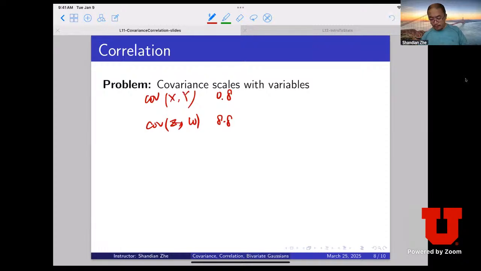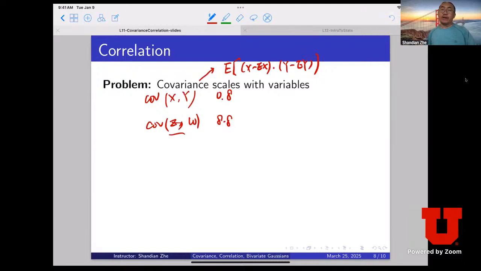Let me repeat it again, right? The covariance definition is the expectation of x minus its expectation times y minus its expectation. So now suppose you have one pair of random variables x, y, and you calculate the covariance is 0.8, and you have another pair z and w, and you calculate their covariance is 8.8.